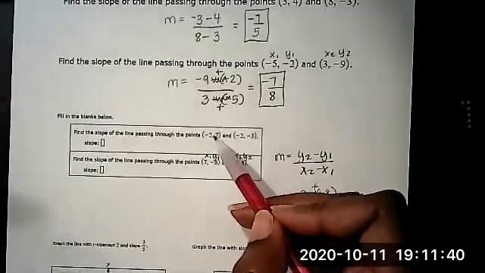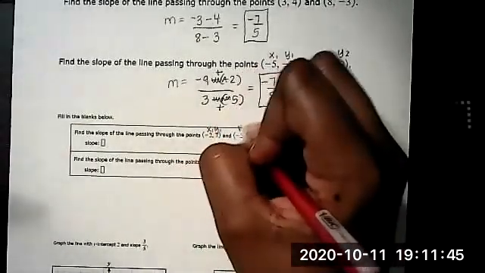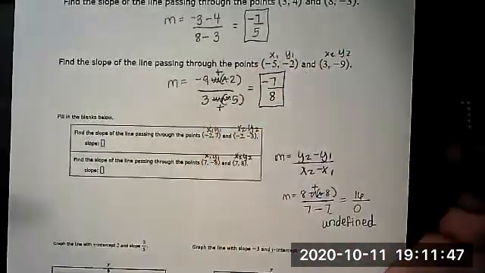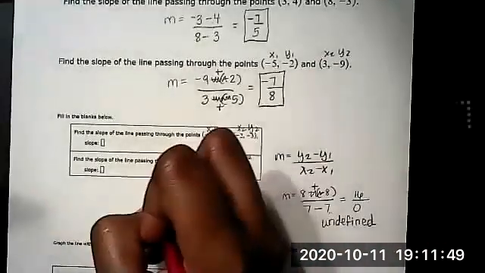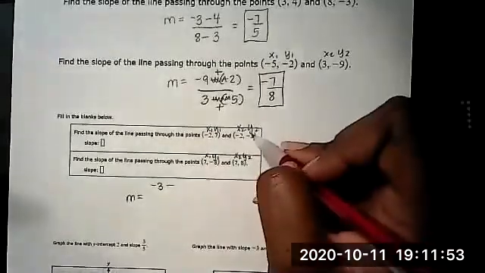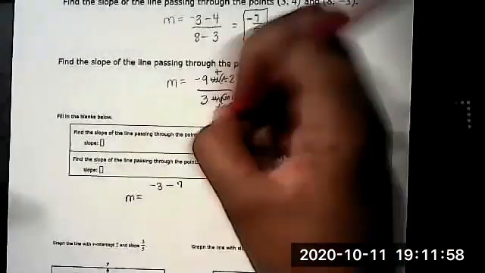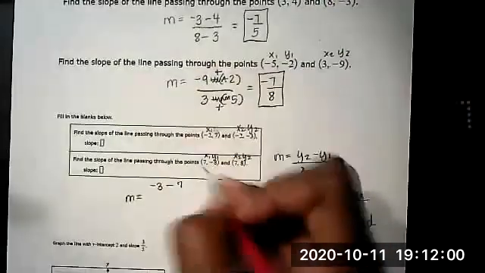Let's try this one. So this one is X1, Y1, X2, Y2. So Y2 here is -3, minus Y1, which is 7. I think that's a 7. Yeah.